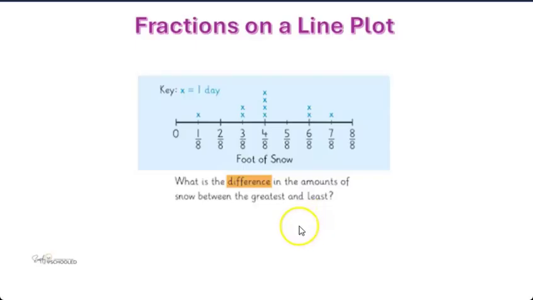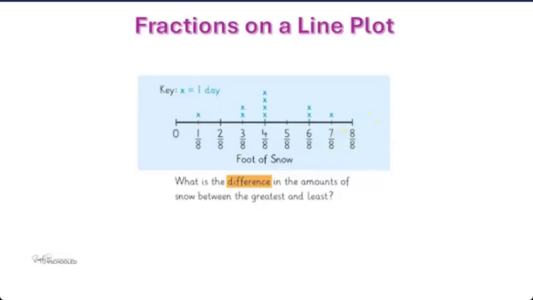So to figure that out, first of all, we know that difference means to subtract. So if we're going to find the difference between something, we're going to subtract. So we want to find the greatest amount of snowfall. So you would use 7/8. You would not use 8/8 because there was no snowfall on that day.